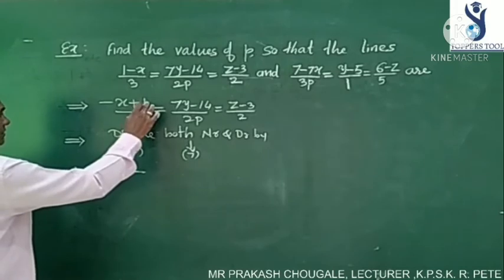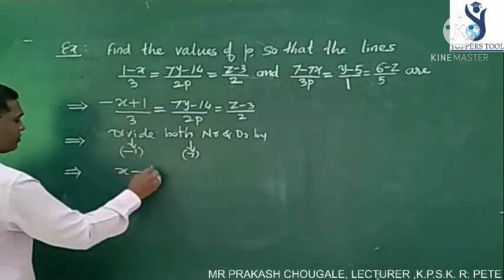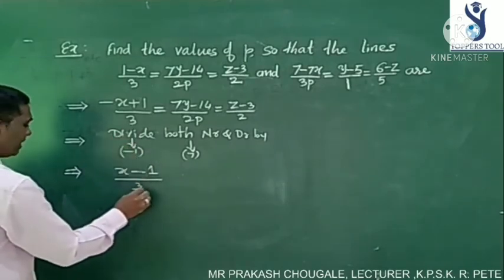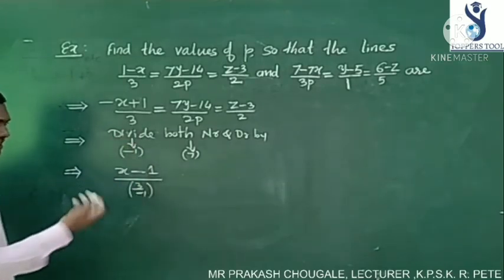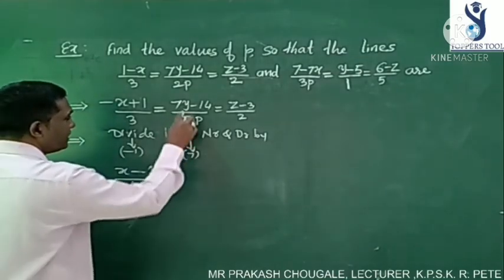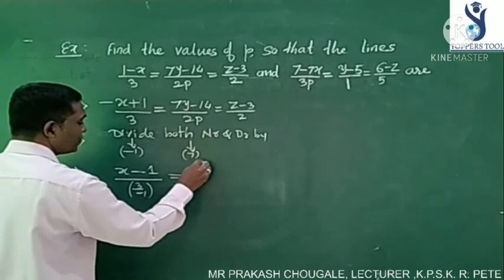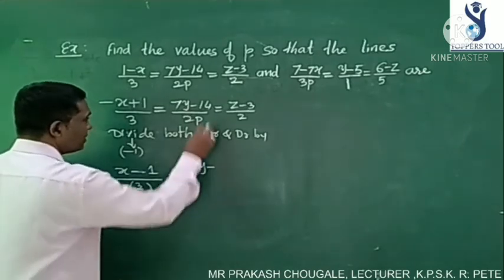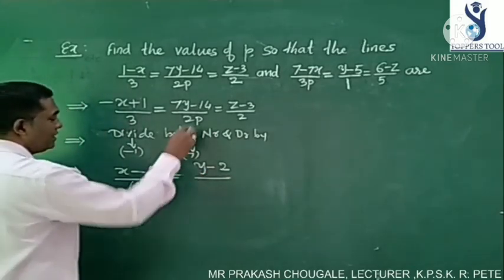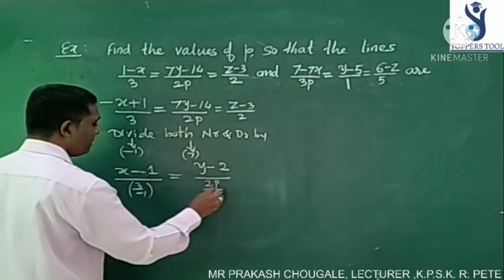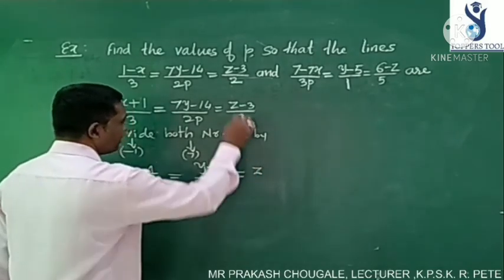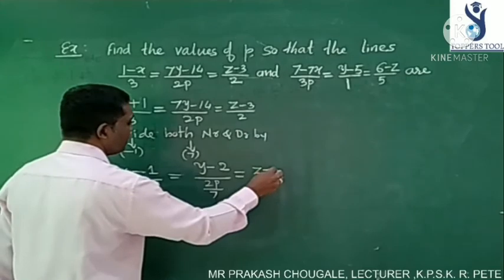For x, 1 divided by minus 1 gives you minus 1. 3 divided by minus 1, you can write directly minus 3. Dividing this by 7, you will get y: 14 by 7 gives you 2, and you may write 2p by 7. Here the coefficient of z is 1, so you keep it as it is.